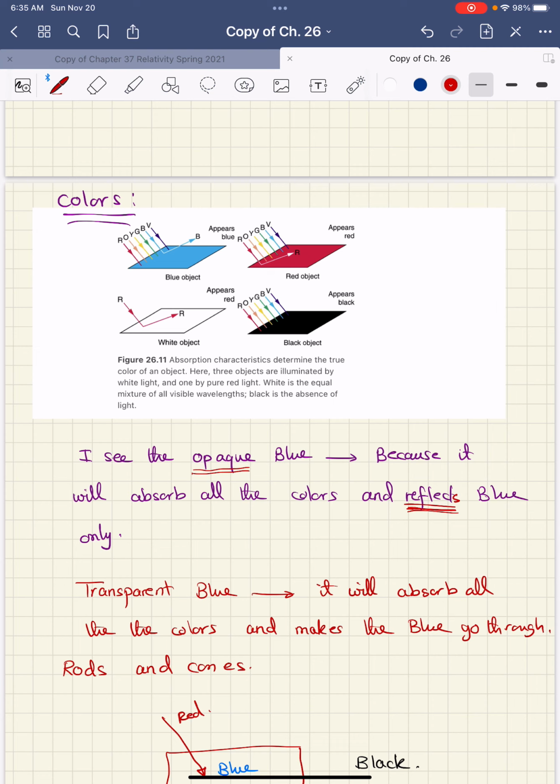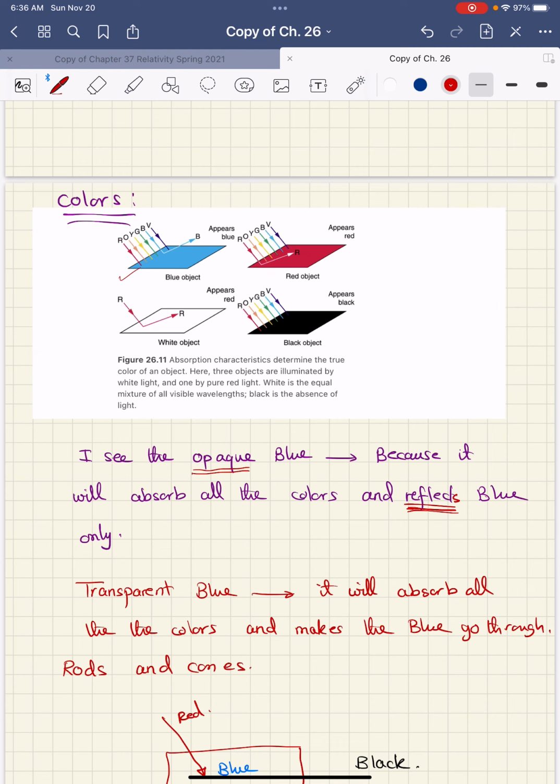White light has all the colors. They hit the blue object, but the only one that is reflected is blue. If it is red, it appears red because only the red is reflected.